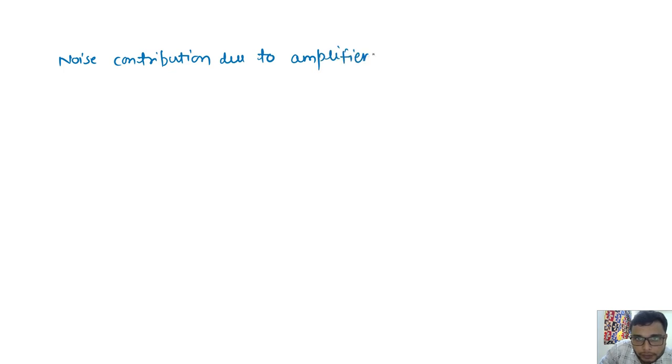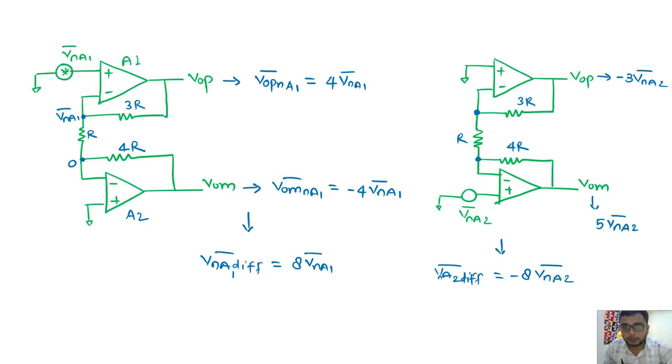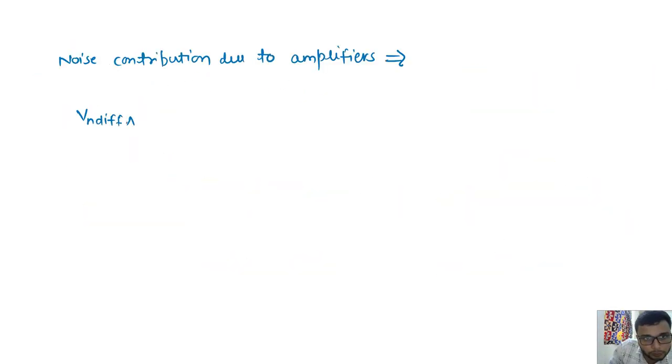So the noise contribution due to amplifiers, that we can see here. Vn diff due to amp, how much is this?